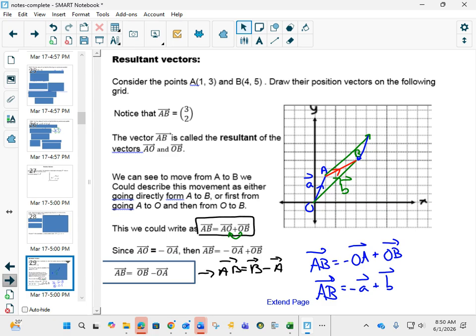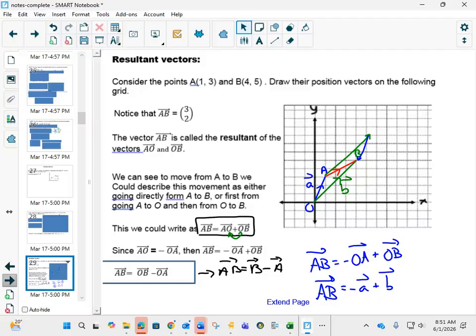Do you see that doing B minus A gets you to the same spot in the end? But visually, that's hard to see in your head. It's much easier to see, okay, I can go back to the origin, negative A, and then add B. That's my resultant. This isn't a huge idea, but picturing this is going to help you a lot moving forward.